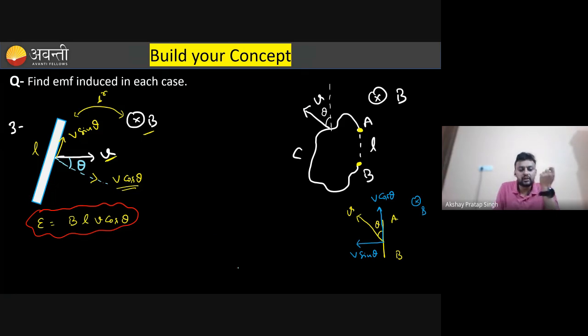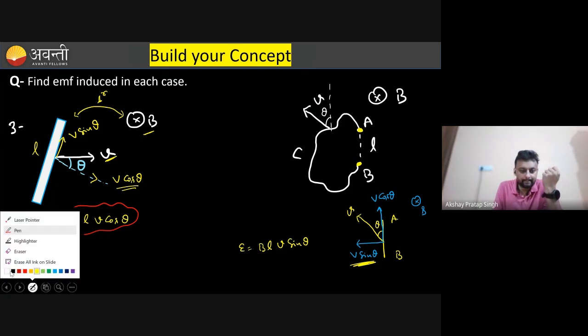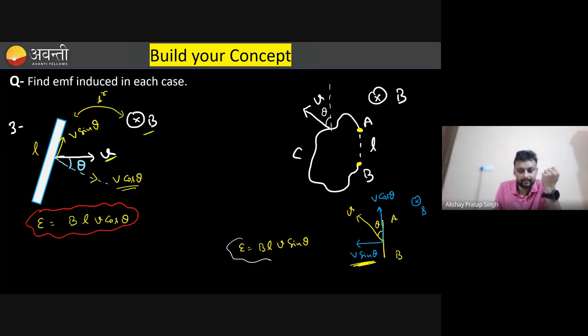Now, which component will you take while writing the EMF? So EMF will be BLV, and which component will you take? The perpendicular component, which is V sin theta. Is it clear to everyone? I hope this question is also clear. Can we move further?